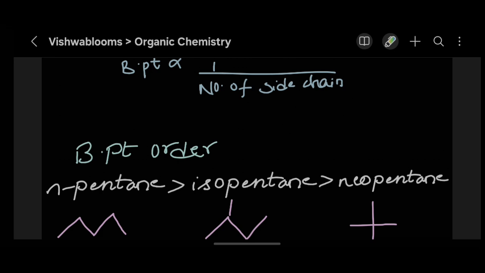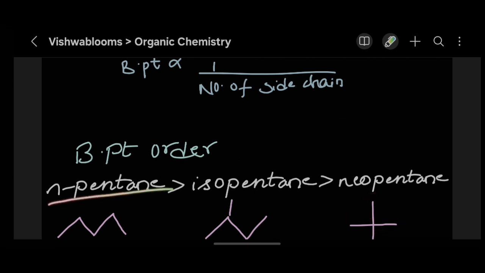Now first consider this example. Here all are containing 5 carbon atoms. First we are seeing n-pentane, isopentane and neopentane. I have drawn the structures here. n-pentane is a straight chain, 1, 2, 3, 4, 5. 5 carbons are here. Here also 1, 2, 3, 4, 5, and 1, 2, 3, 4, 5. You can see that side chain branches are increasing.